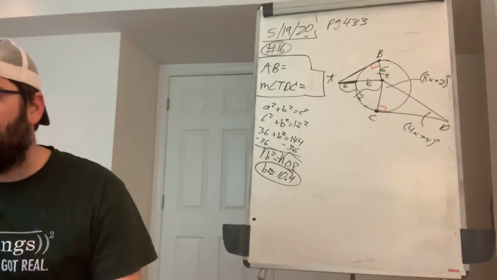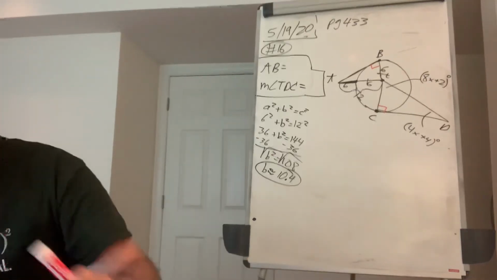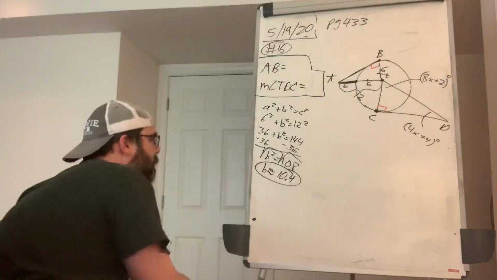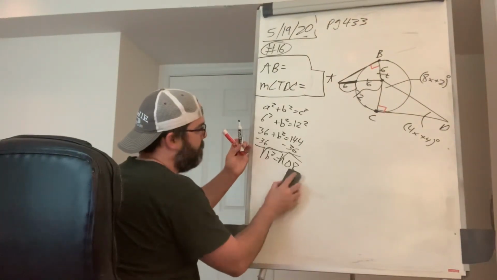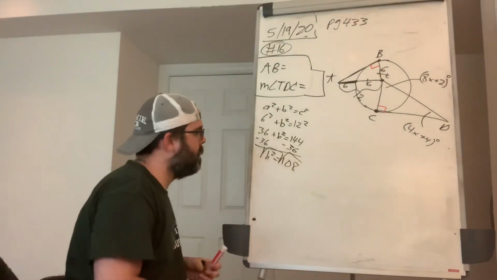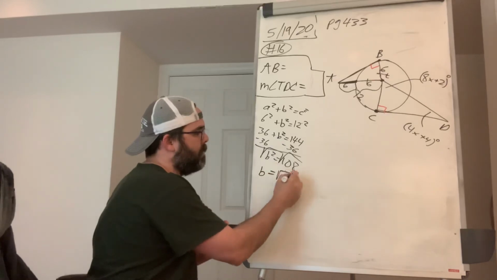So the problem asked us, oh, all right, it doesn't want it as an approximation. It wants it as a simplified rational number, or a simplified irrational number. So B is equal to the square root of 108.